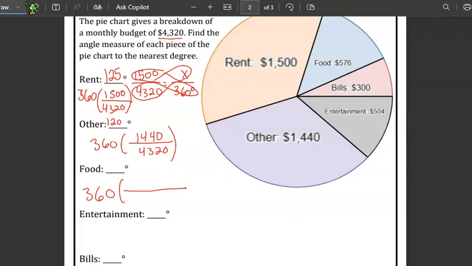multiply 360 times 576 over 4,320. And that gives us 48 degrees. Entertainment, 360 times 504 divided by 4,320.